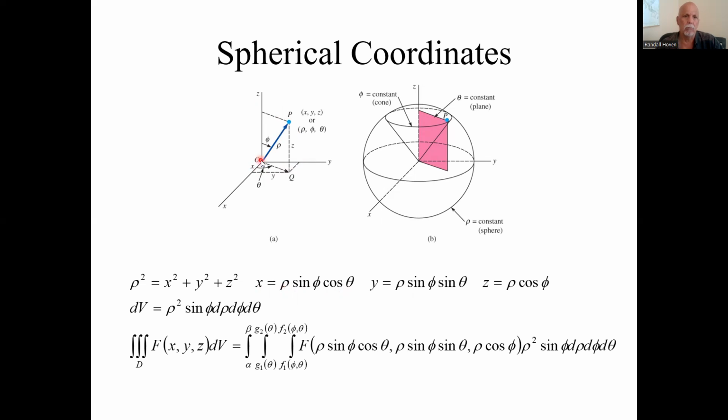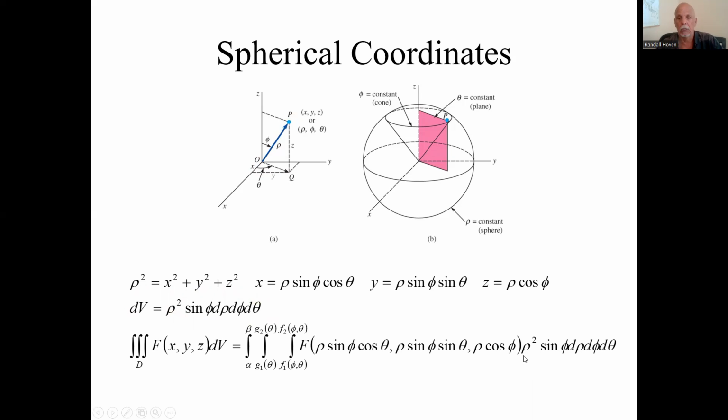Rho is the magnitude, or the length, from the origin to the point. Rho squared is x squared plus y squared plus z squared, and dv is kind of complicated. We would just have this on a formula sheet. You know, I didn't make my students memorize this.